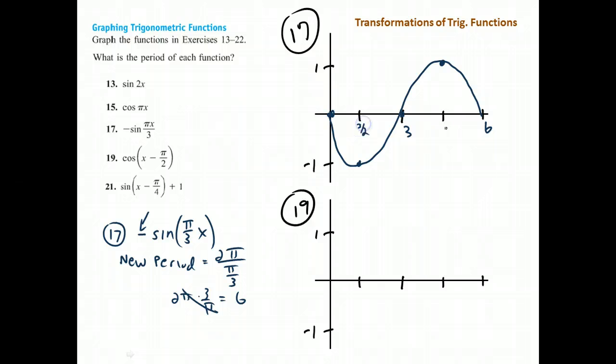Cut it in half. And then here we have between 3 and 6, we have 9/2, 4.5. Okay, and that's the graph of y equals negative the sine of pi over 3 x.